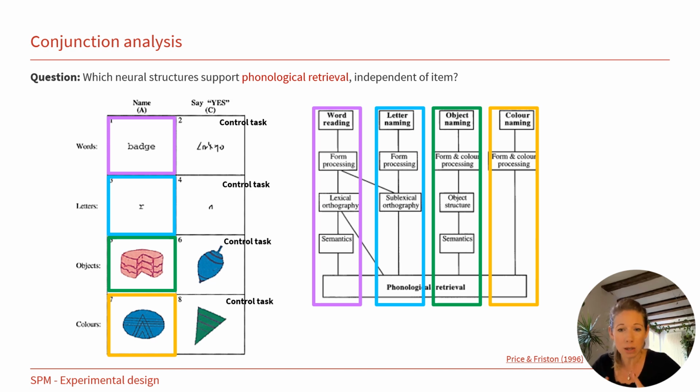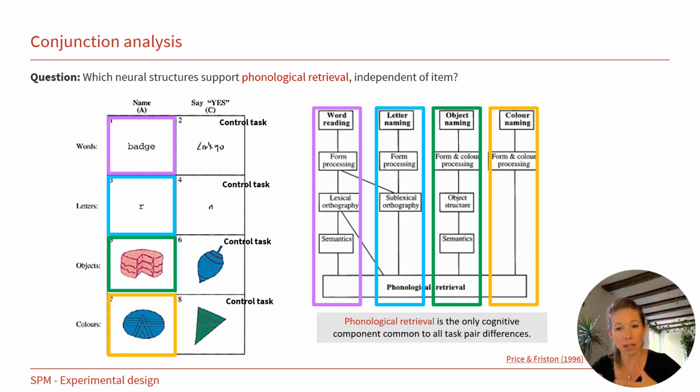The only process that they all had in common was the process of phonological retrieval. So the idea is now to do a conjunction analysis in order to isolate the brain regions supporting phonological retrieval independent of the item, independent of what has been processed in terms of those conditions.